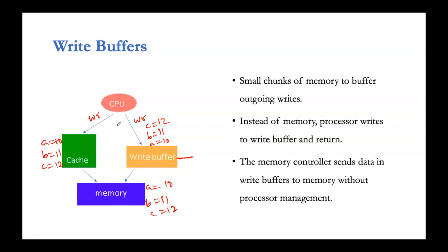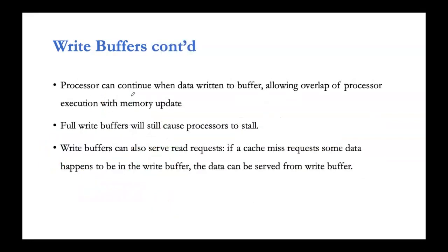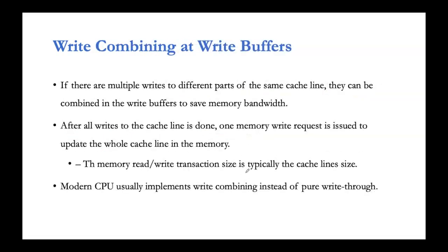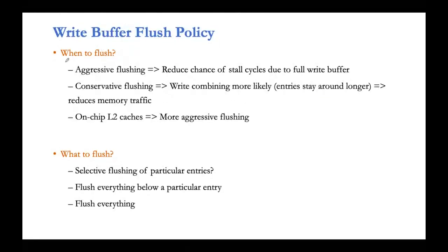How? In this case, the processor can continue when data is written to the buffer, allowing the overlap of processor execution with memory updates. However, a full write buffer will still cause the processor to stall, so it requires flushing.